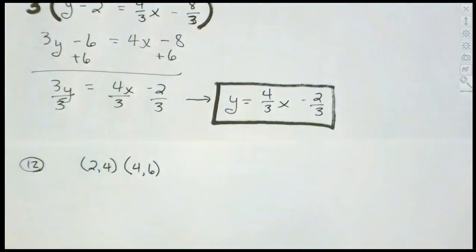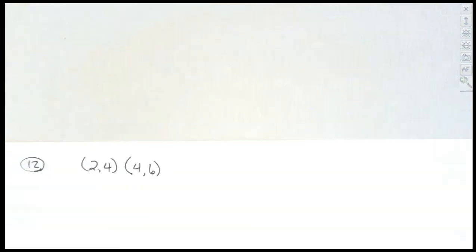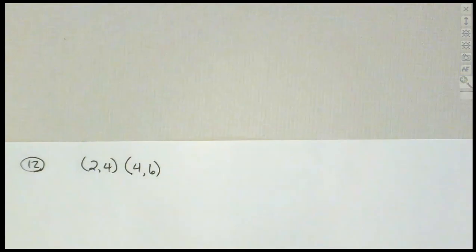So how is this one different? Well, we go back to our flow charts again. And when we look at problems like these, we have to ask ourselves, what do we have? And that's going to tell us how we proceed. So what do we have in this case? Well, in this case, we have 2 points.